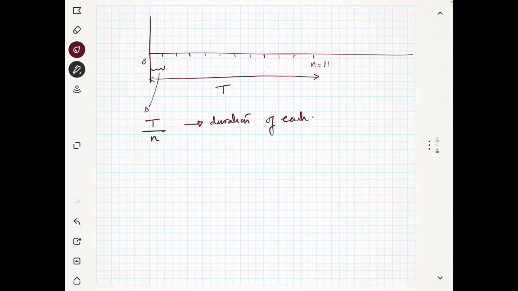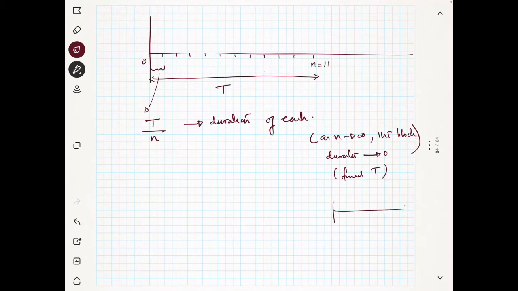As n tends to infinity, the duration of each block will tend to 0. Is it clear? So with a fixed t, you can divide the whole time interval into very small pieces.